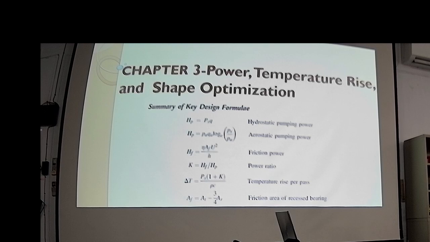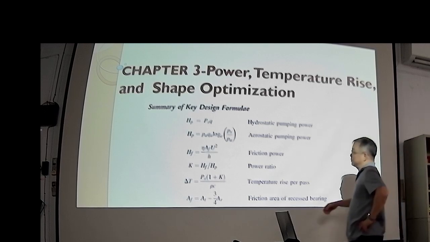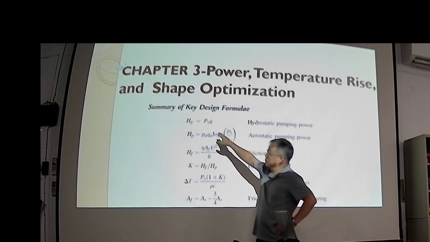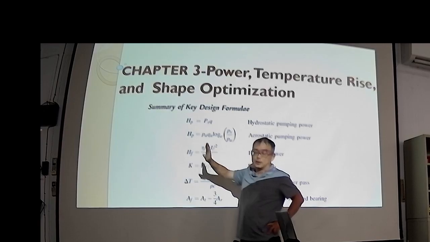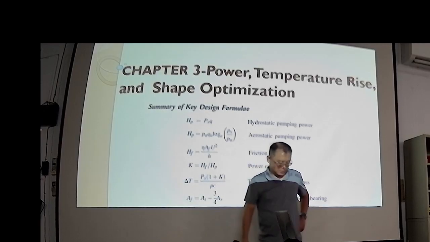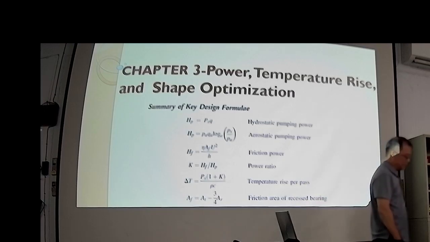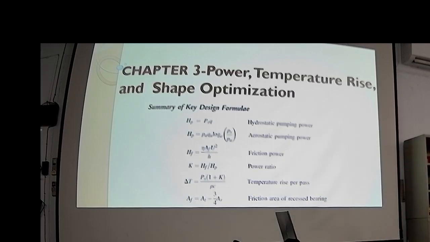So by adding these two together, the pumping power HP and the friction power HF, then you will have an overall power generation during the bearing movement.